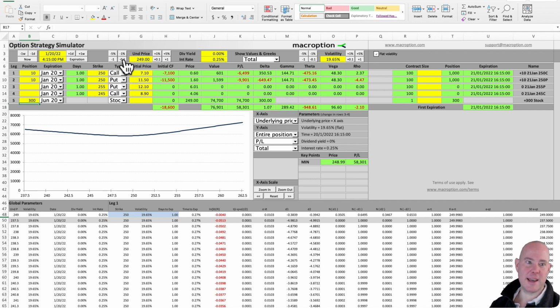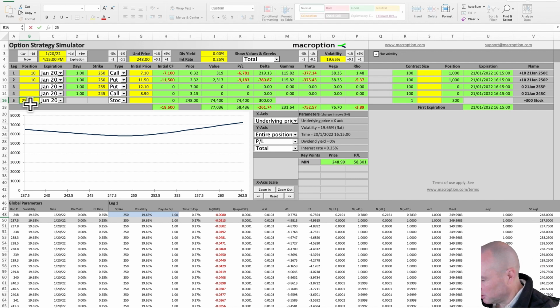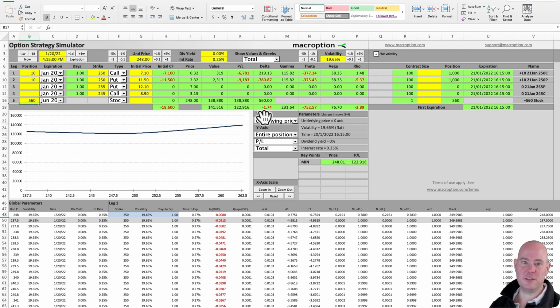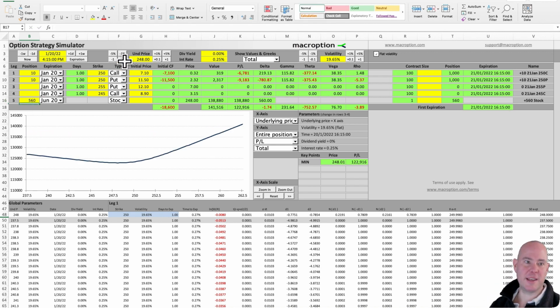Okay, drops again. Now I'm getting longer. So my delta is minus 261, so I'd have to buy 260 more shares. This time we'll do it a little more accurately. So now I'm up to 560, roughly delta neutral. It drops again.